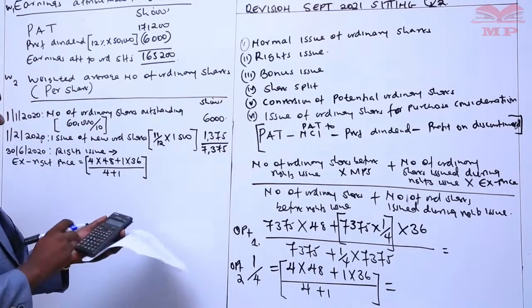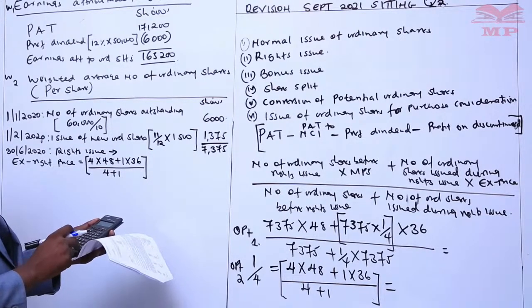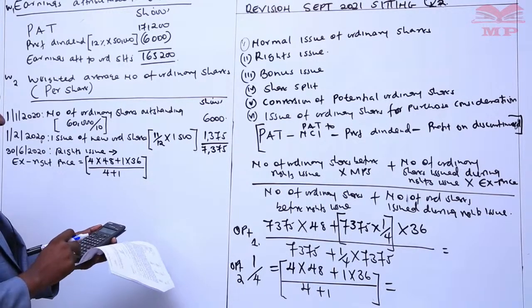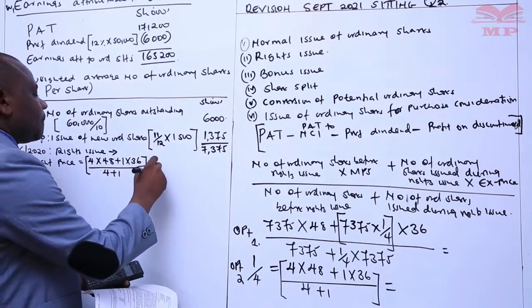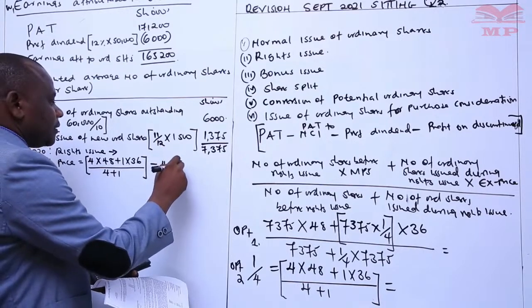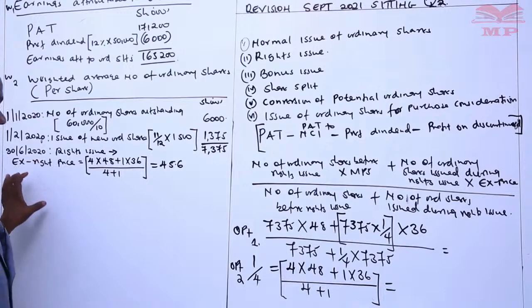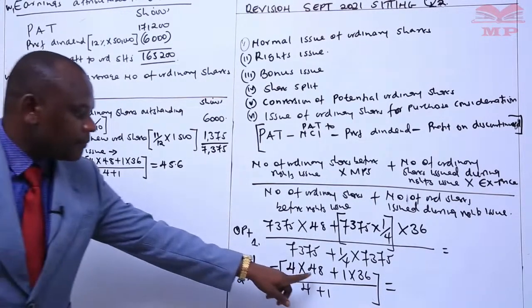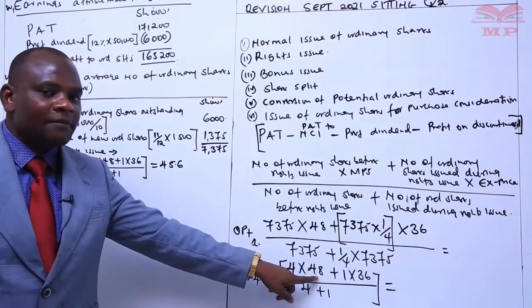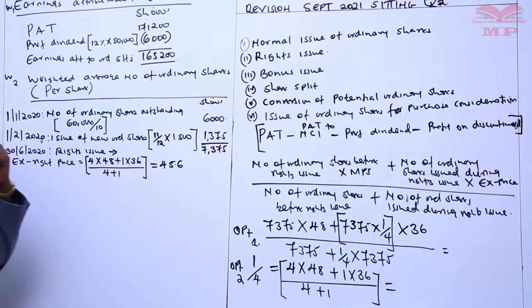Calculating that, we have 4 times 48 plus 1 times 36 divided by 5, giving us the ex-rights price as 45.6. This is the ex-rights price. This was the cum-rights price. So the market price per share before rights issue is 48. After rights issue, it has fallen.